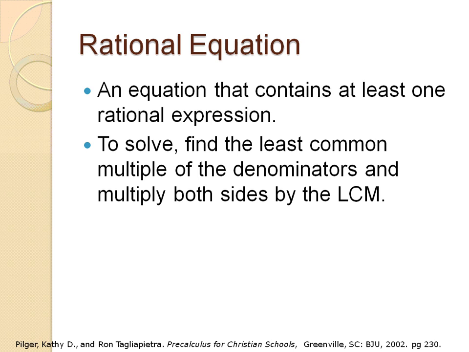So what we can do, we find the least common multiple of the denominator, or really the least common denominator, and multiply both sides by that number, or it actually will be more of a polynomial or a binomial or something like that. That will then clear the fractions, and then it will be like solving a polynomial equation once you have that done.